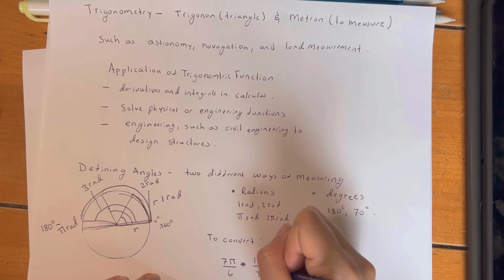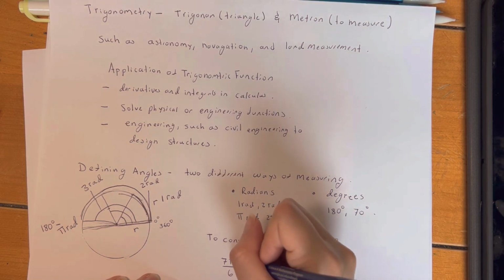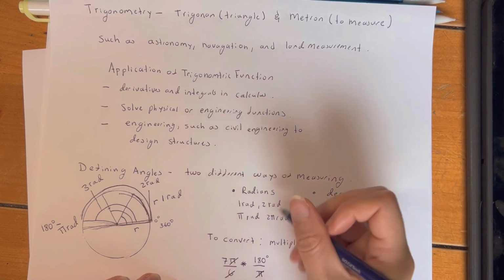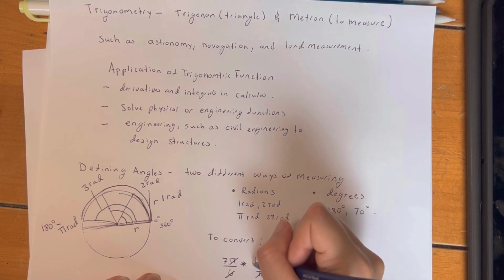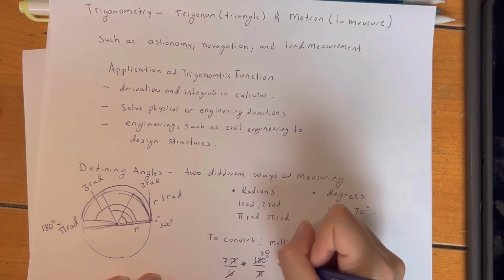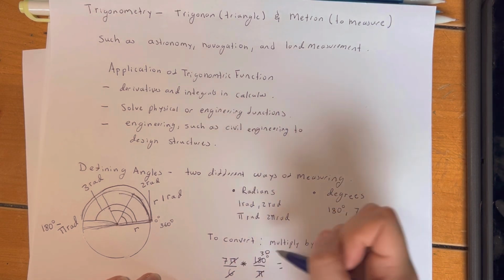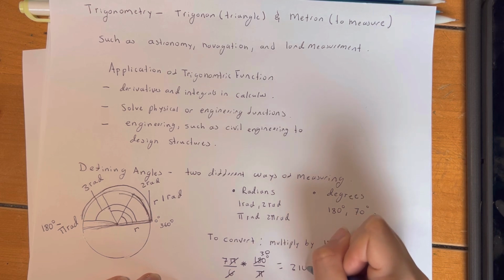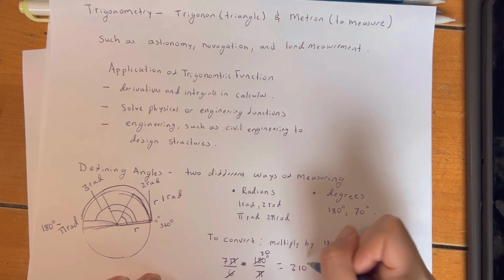We have a pi and a pi there, so they cancel because that makes 1. You have 6, and 6 goes into 180 30 times. Now you can multiply: 7 times 30. So that's 210 degrees.